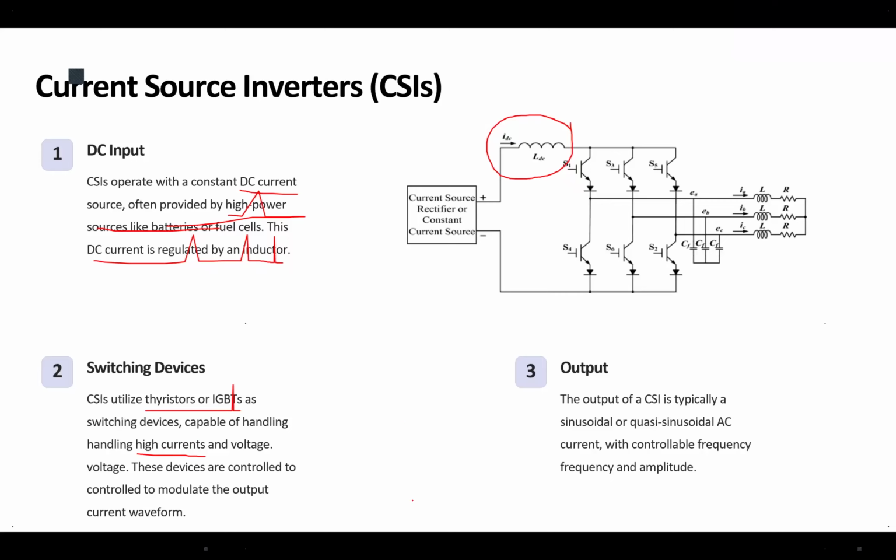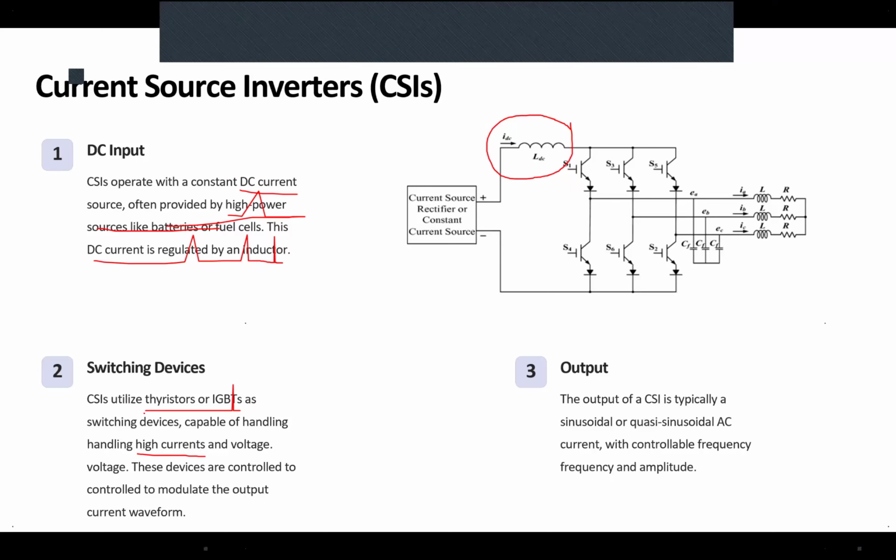So even though I mentioned the IGBT as an option for current source inverters, in practical work, because of the currents we are going to see in current source applications, they normally use thyristors, okay?